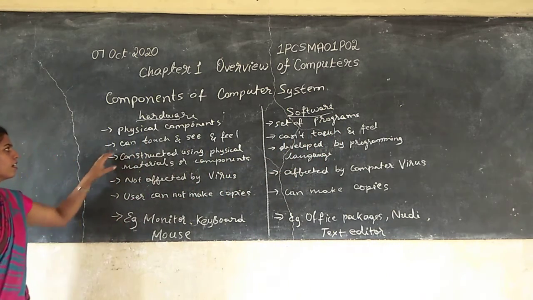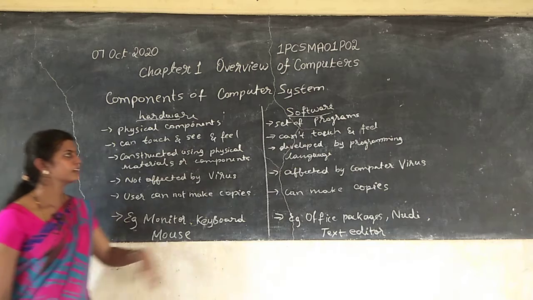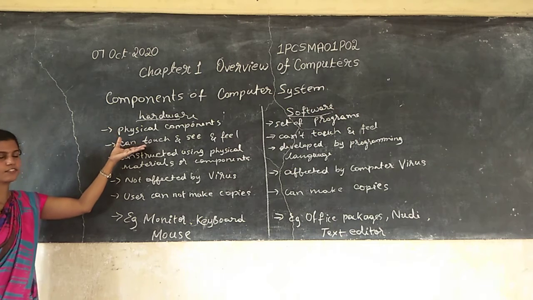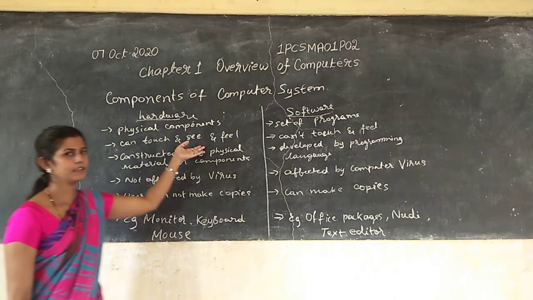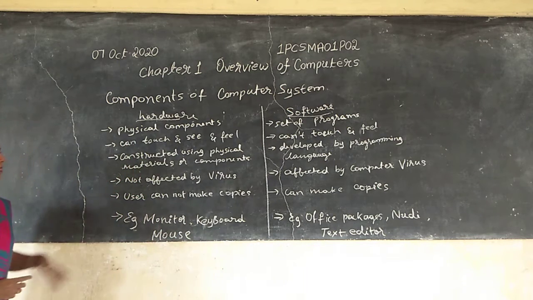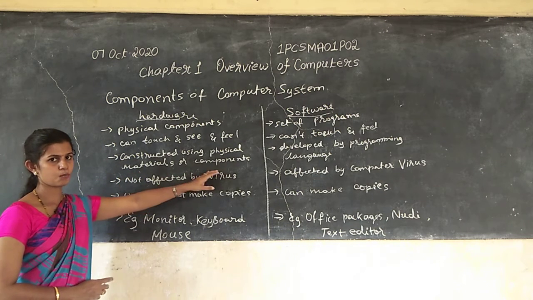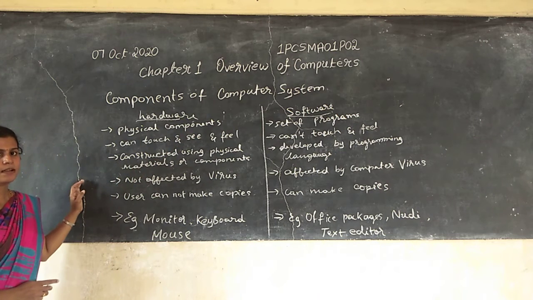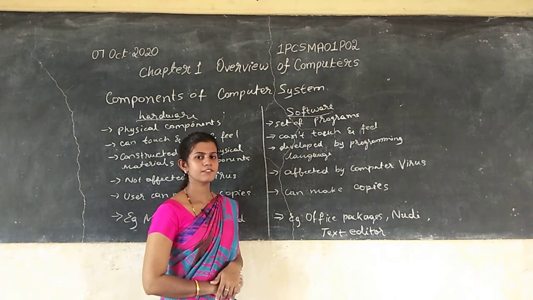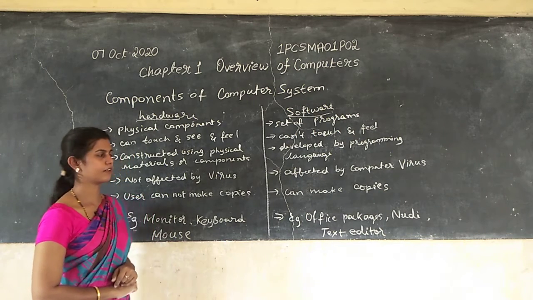Next, hardware can be touched, seen and felt, but we can't touch and feel the software. Next, hardware is constructed using physical materials and components, and software is developed using programming languages like C, C++, Java, etc.